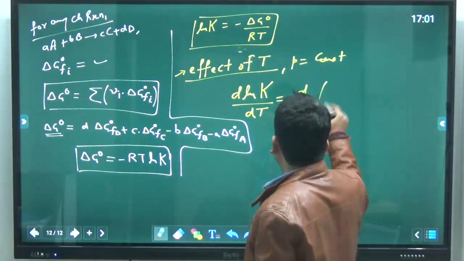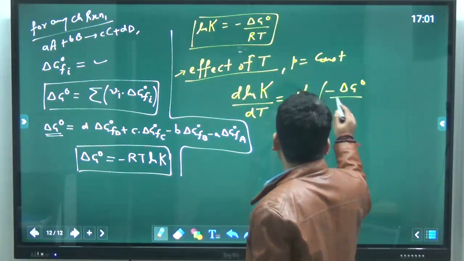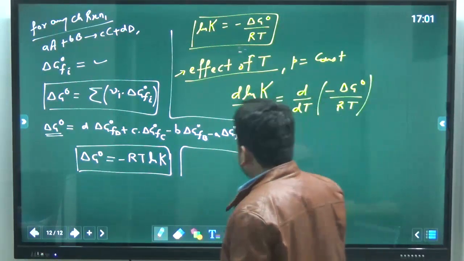It will be d upon dT of minus delta G naught over RT.